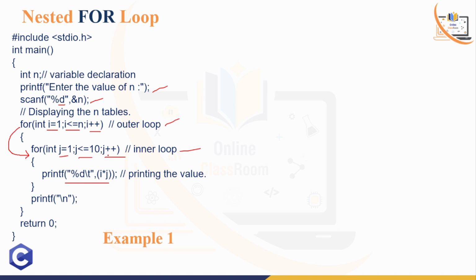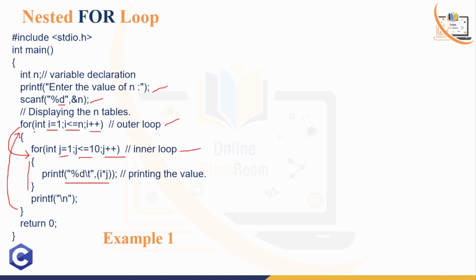So the working structure is that for the value of i equals 1, this inner loop will run 10 times. After working this loop 10 times, it will go back to the outer loop.